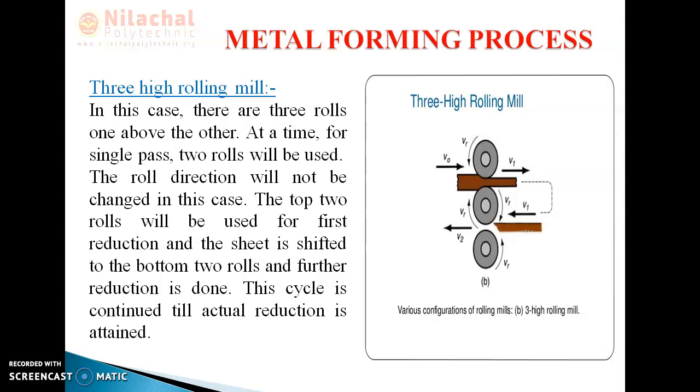Now we can discuss some other points of the 3 high roll mill. It again consists of a roll stand with 3 parallel rolls, one above the other. The direction of rotation of the upper and lower rolls is the same, but the intermediate roll rotates opposite to both.